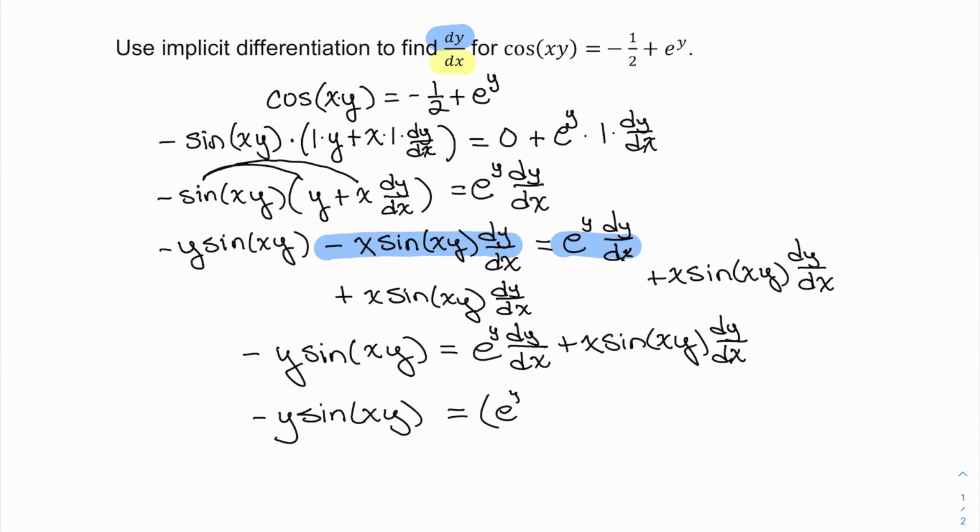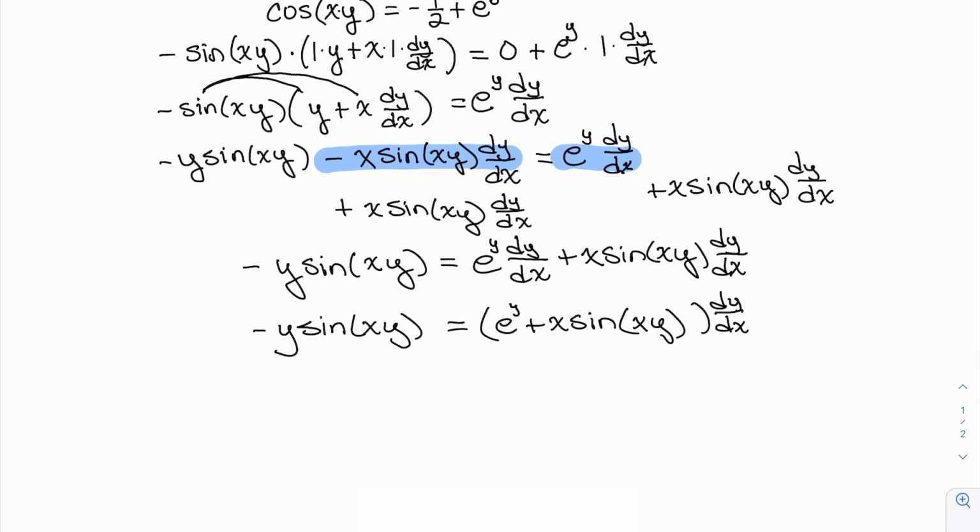So we have e to the y plus x sine of xy, and then dy/dx. And then to solve for dy/dx, divide both sides by that which is multiplied to it. So we're going to divide both sides by the e to the y plus x sine of xy.